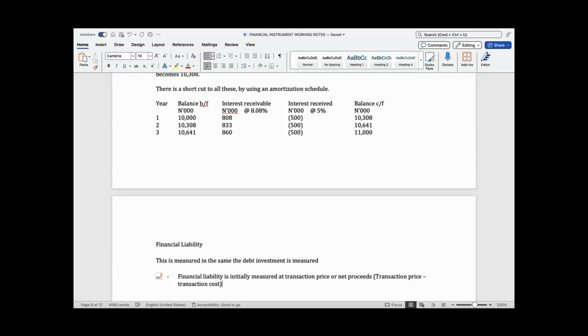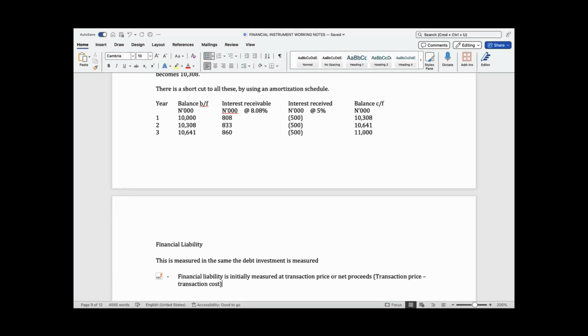Like you're raising a commercial paper, for example, and usually companies will use a registrar that will account for the subscribers and do all the documentation for you. All they will just do is send you the money. Those guys will charge you like 5% or thereabout.